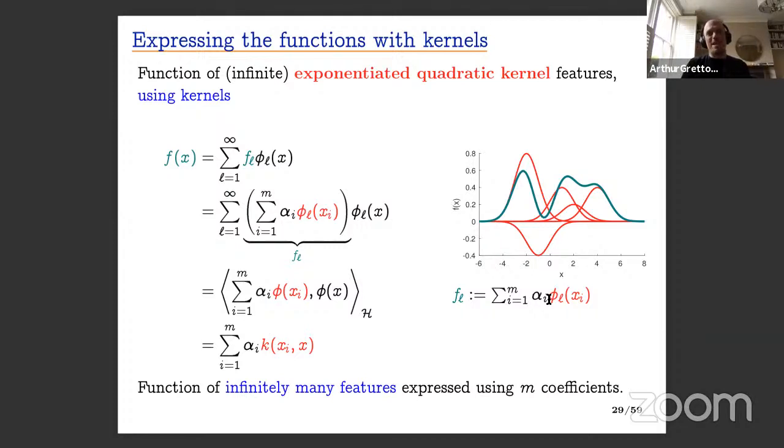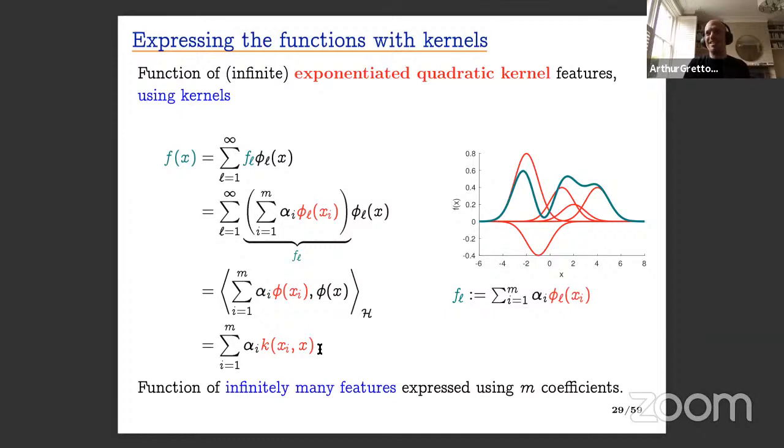So the question then becomes, does my learning algorithm output a function of this form? If it does, then I can express my function of infinitely many features. So that's restricting, in a sense, the class of algorithms I can consider. But if I use such algorithms, then I can express a function of infinitely many features using finitely many coefficients.